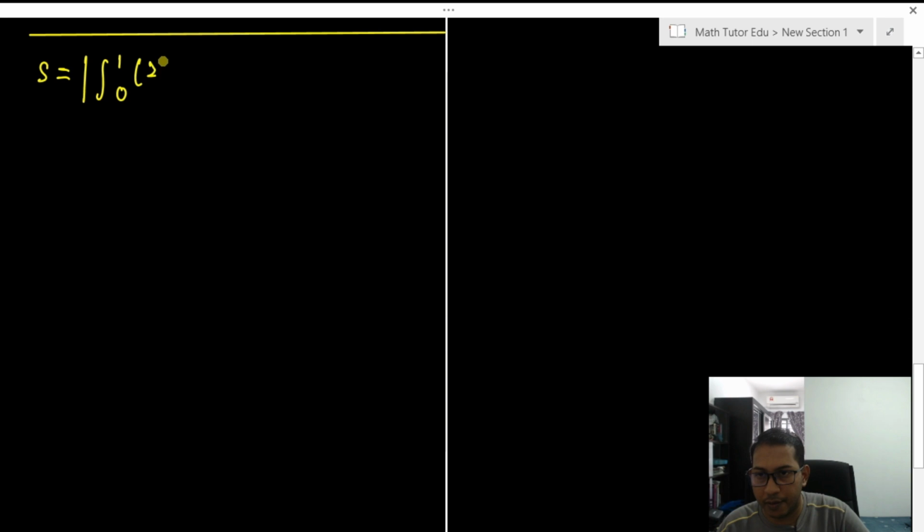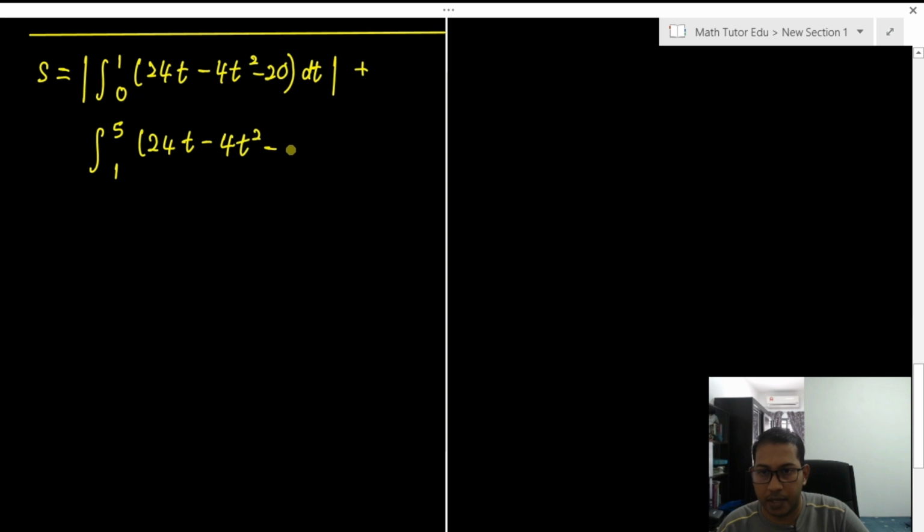From here, 24t minus 4t square minus 20, in a bracket, dt, close modulus, plus with the second segment, upper limit 5 and lower limit 1, 24t minus 4t square minus 20, close bracket, dt.